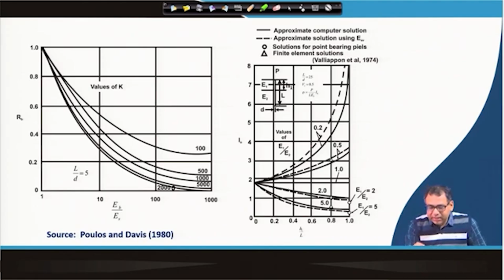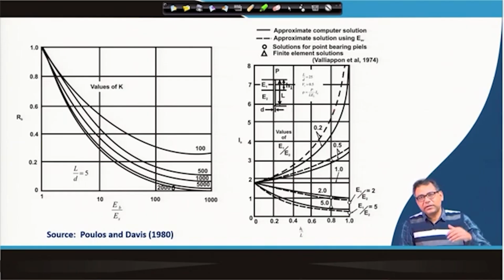The firm line is the approximate computed solution, and the dotted line is what you get if you take the weighted average E value and then follow the same process that we have done for uniform soil, because here it is layered soil and the previous cases were uniform soil. So, in layered soil also you can take the weighted average value and apply the concept of uniform soil.